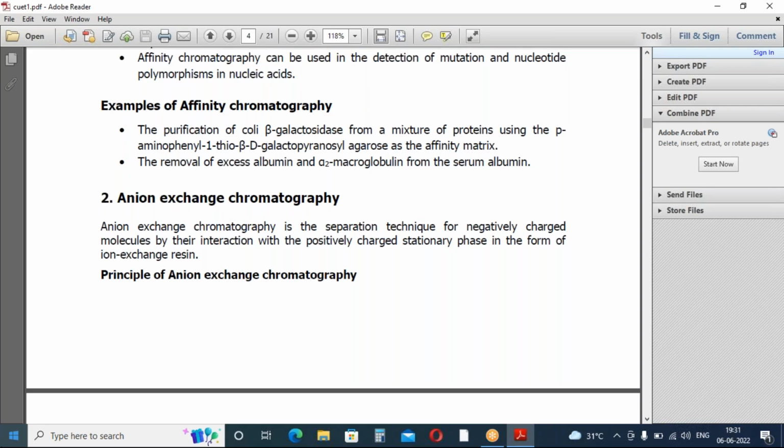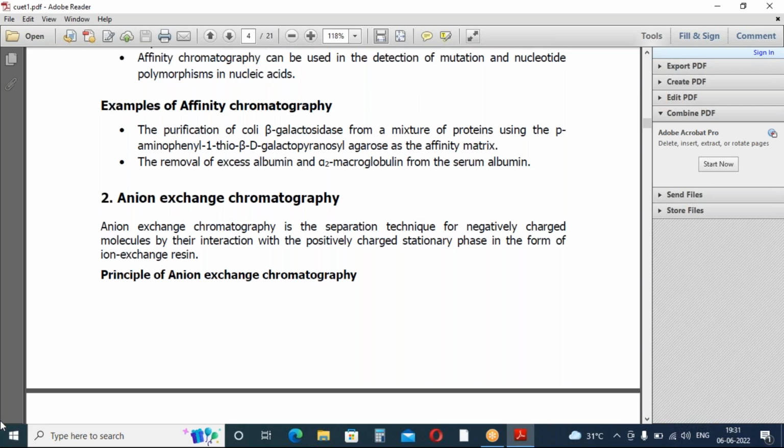It is based on cations and anions. Cations are the positively charged molecules, whereas anions are the negatively charged molecules. Based on the attraction between this positiveness and negativeness, the separation of different components present in the mixture occurs.